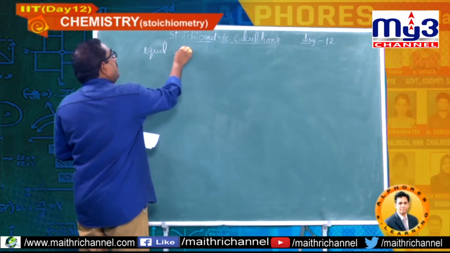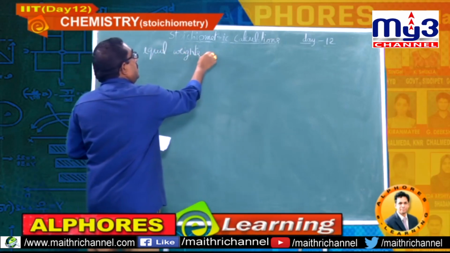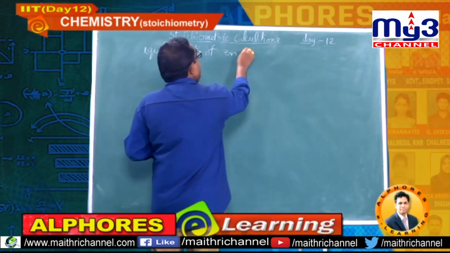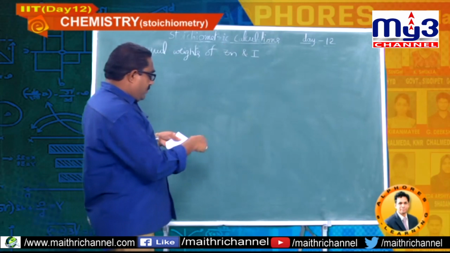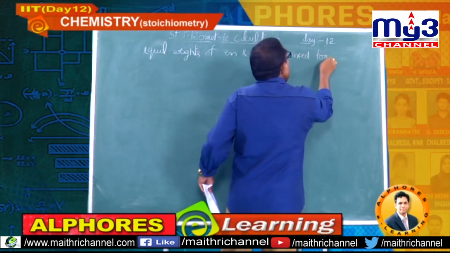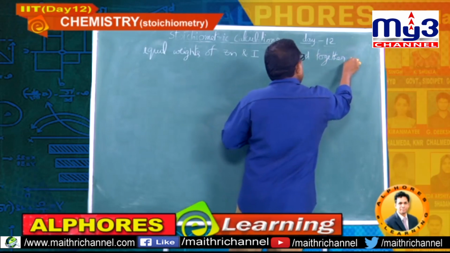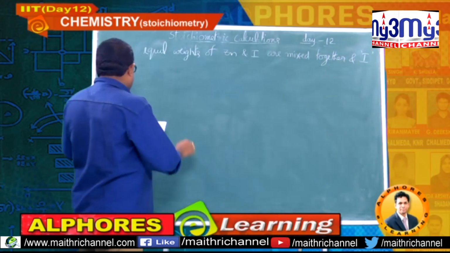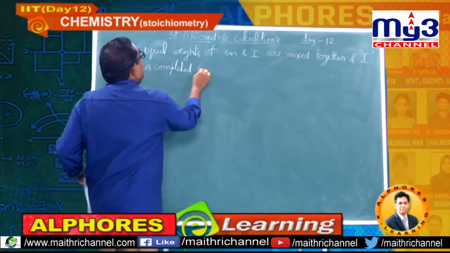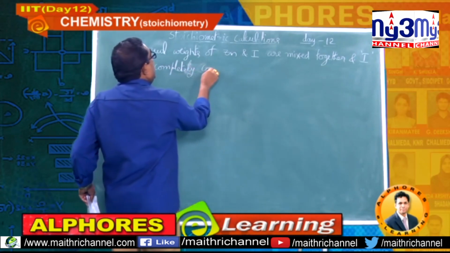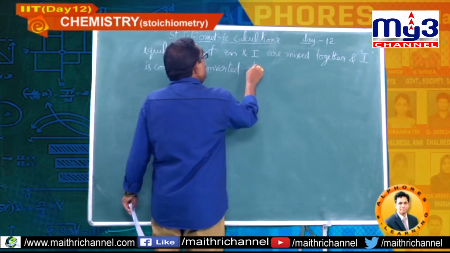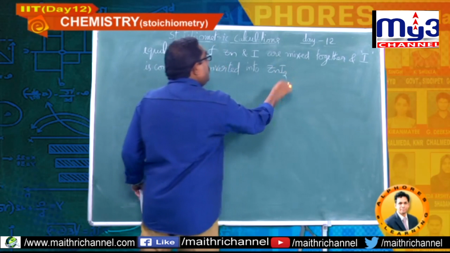Equal weights of zinc and iodine are mixed together and iodine is completely converted into zinc iodide, ZnI2. Write down, students.